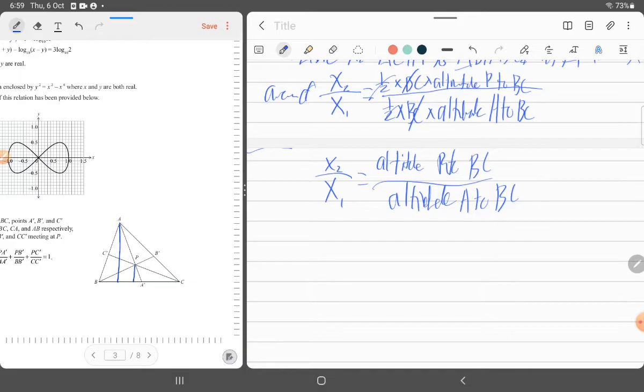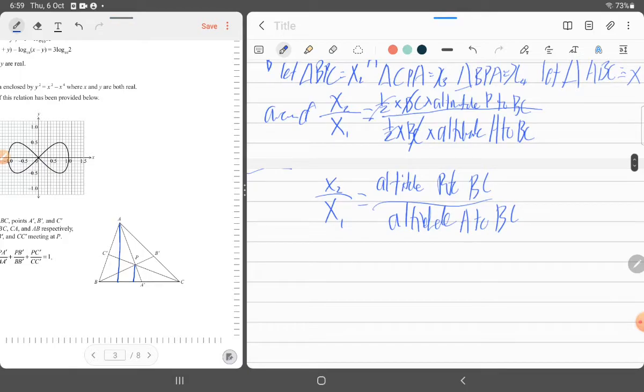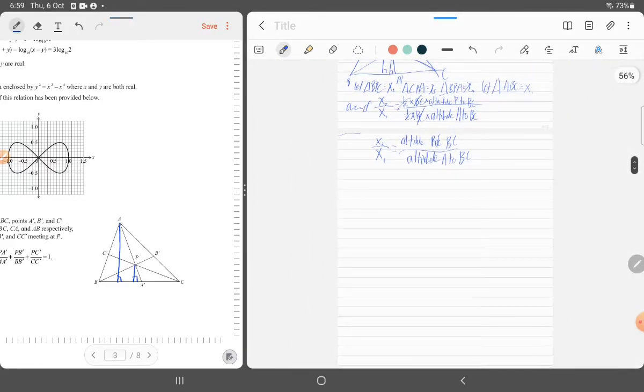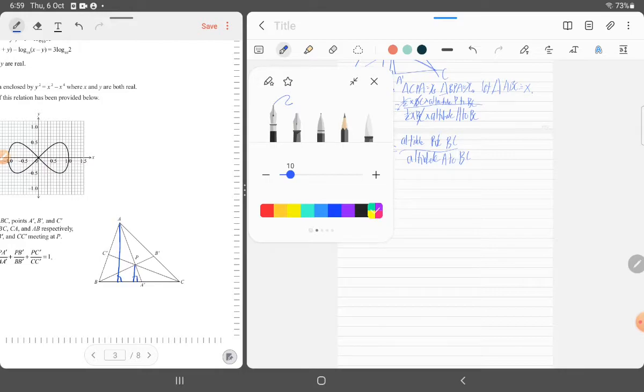This angle and this angle are both right angles, and they're both from this. Can I just draw a new one?